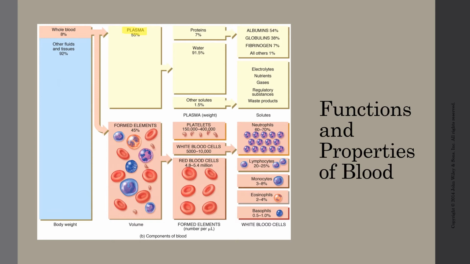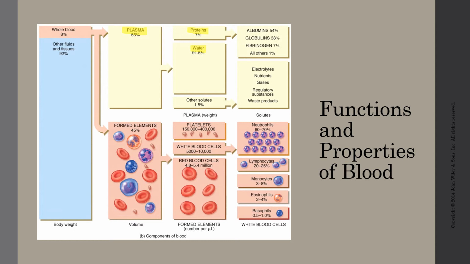And blood plasma then is made up of about 91.5% water and about 8.5% solutes, most of which are going to be proteins. Now, some of the proteins in blood plasma are also found in other parts of the body, but the types that are confined to the blood are called plasma proteins.